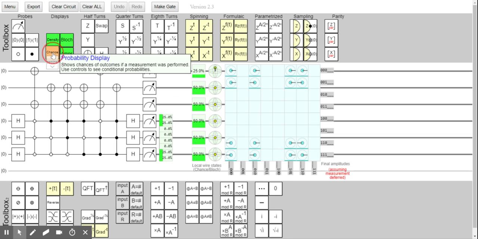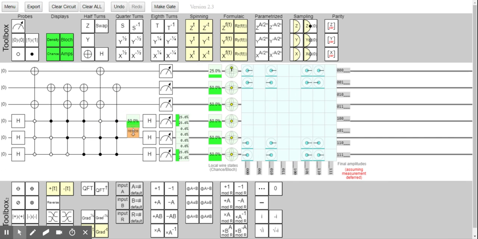So this is just what happens before the Hadamard. So before the Hadamard, nothing happened. I mean, nothing happened. Is that you've got the same, right?